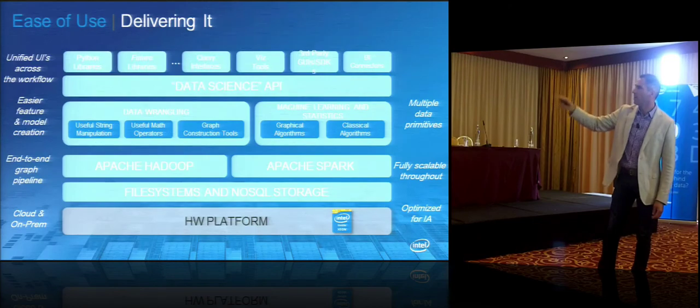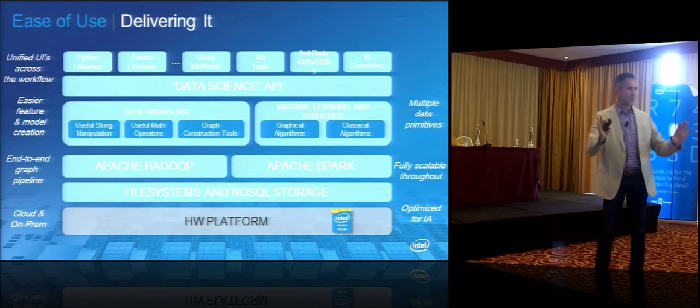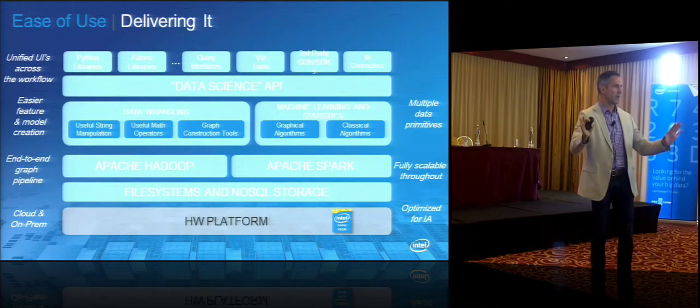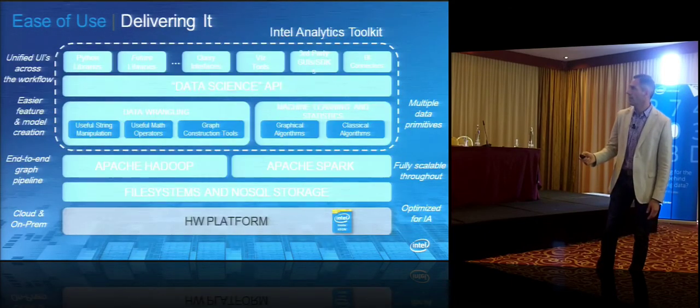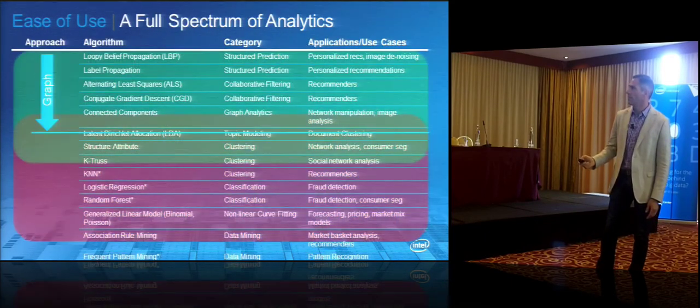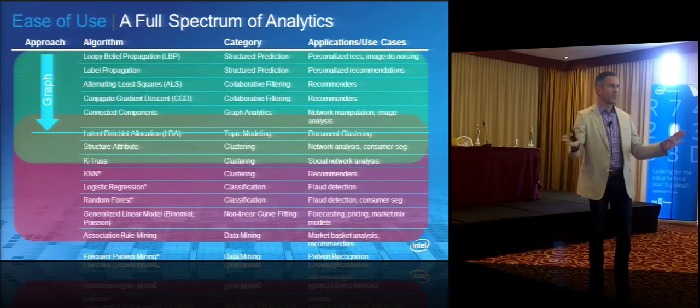And on top of that, we're putting this data science API and publishing these libraries and getting partners to build these other tools so that the data scientist gets a data science experience out of the system. That's the Intel Analytics Toolkit. I don't have time to go through this, but there are a number of algorithms that can run on that toolkit. They're graphical and non-graphical, and it's completely seamless.